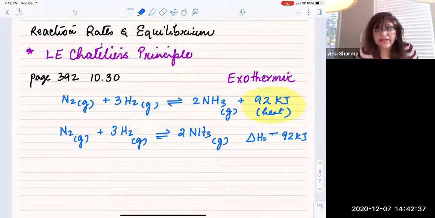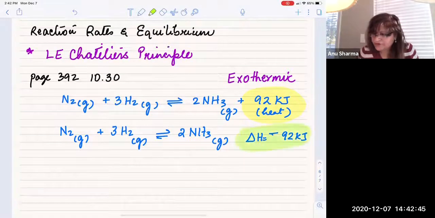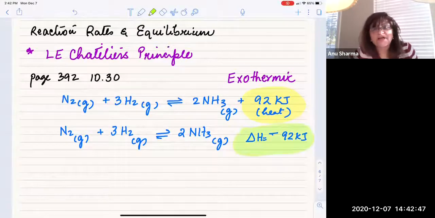So pay attention to negative for exothermic reactions. For exothermic reactions, the value of delta H is negative.